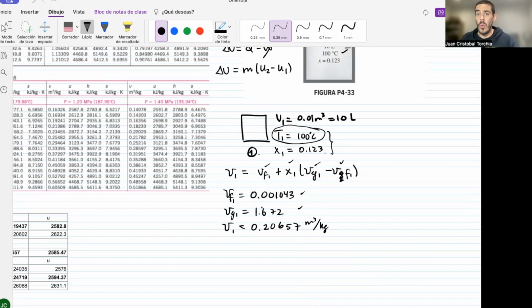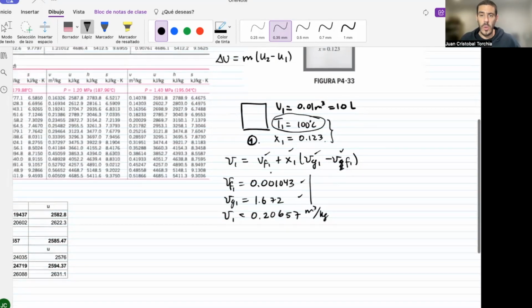Now let's go to U1. Also, if you know vf1 and vg1, you can go to 100 degrees Celsius in your steam table and look for uf1 and ug1. These are 419.06 and 2,506 kilojoules per kilogram.